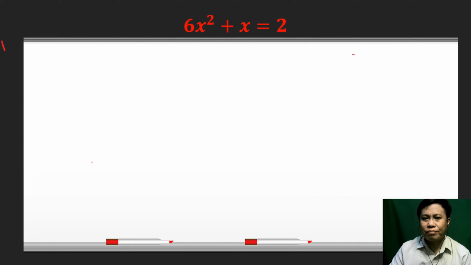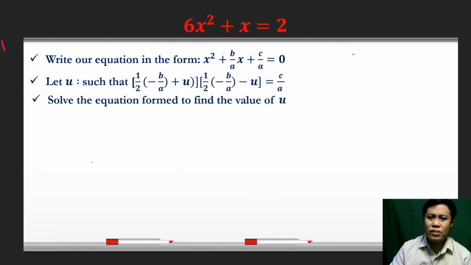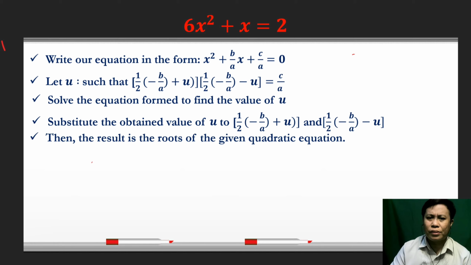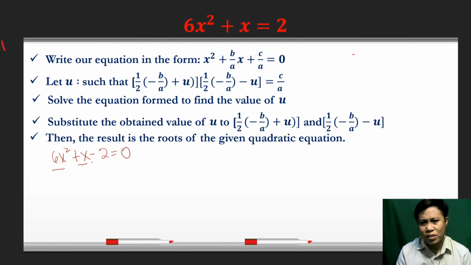Let us have another example. 6x squared plus x equals 2. Okay? So this is again the steps. We have to make the coefficient of x squared equal to 1. So you have 6x squared plus x minus 2 equals 0. We divide each term by positive 6.